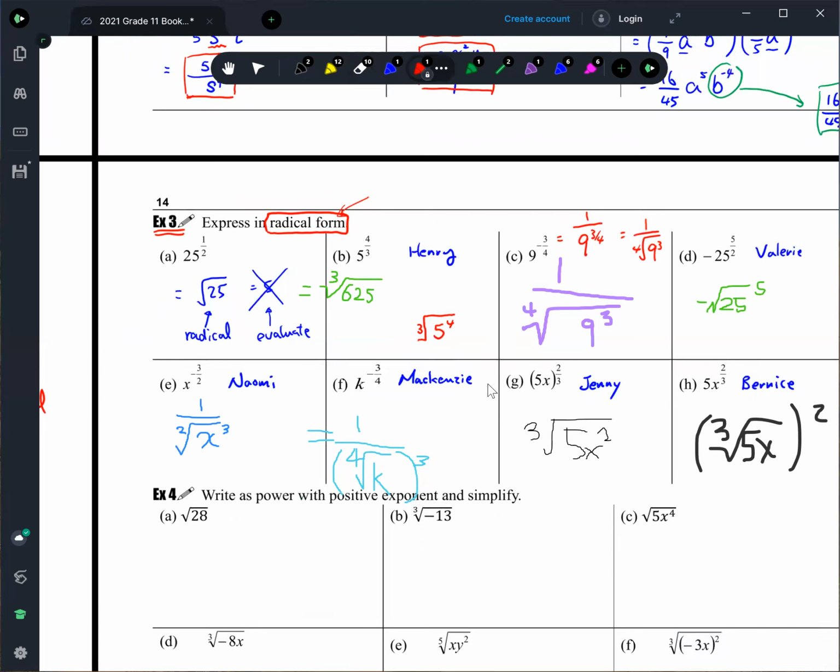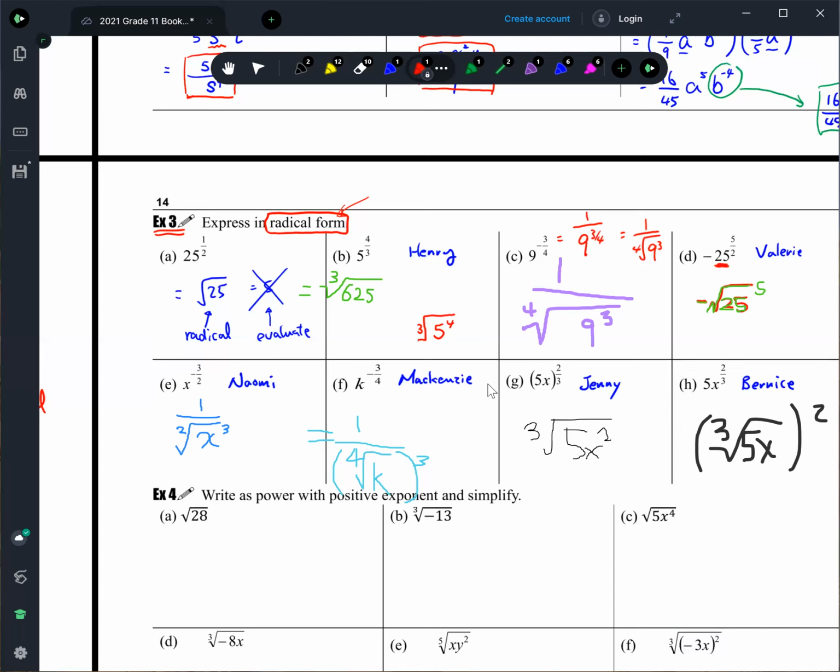Okay, the next one is 5 over 2, right? This one doesn't have brackets, so the base is only 25. So the 5 over 2 only affects the 25. The negative sign has to stay on the outside, and then square root of 25 to the 5.